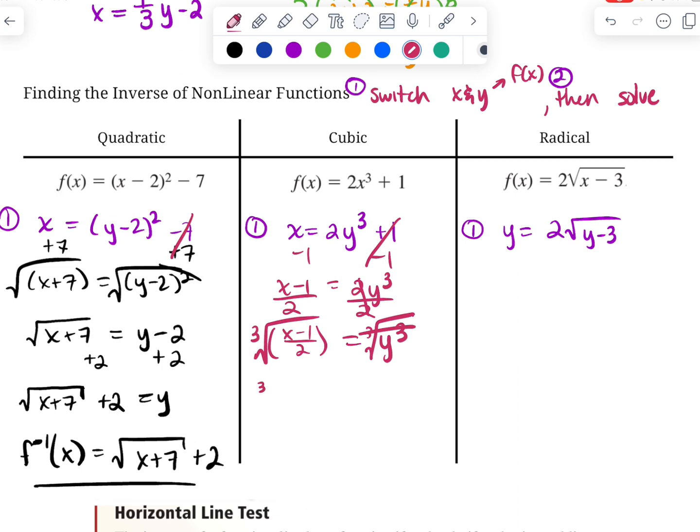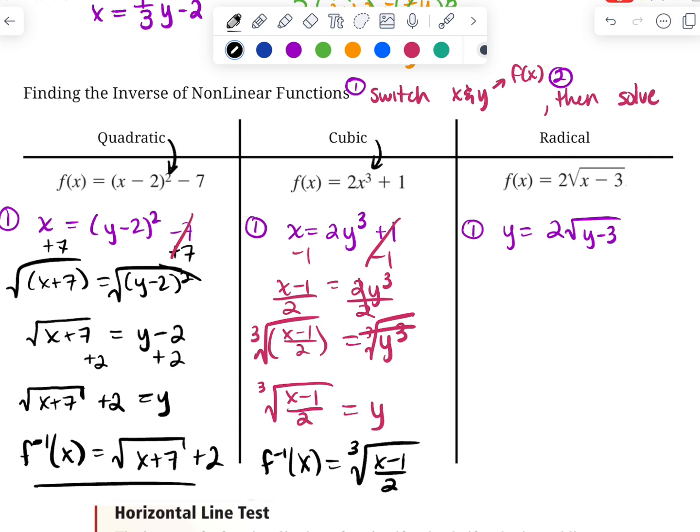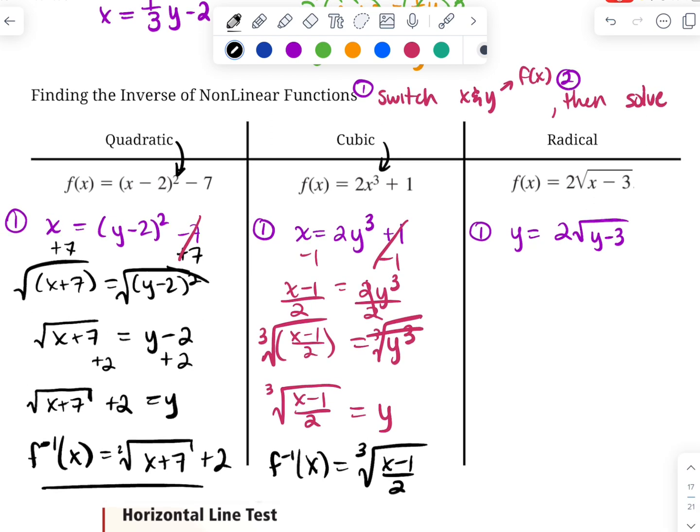So now I've got the cube root of x minus 1 over 2 equals y. So that means this inverse is the cube root of x minus 1 divided by 2. And that should make sense, because how do I undo a cube? I use a cube root, right? Same thing here. How do I undo a quadratic? A square root, right? Okay, last problem.